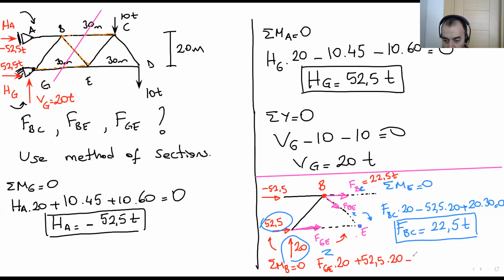It's minus 20 times 15 equals 0. So let me calculate this one. Over 20, FGE is minus 37.5 ton.